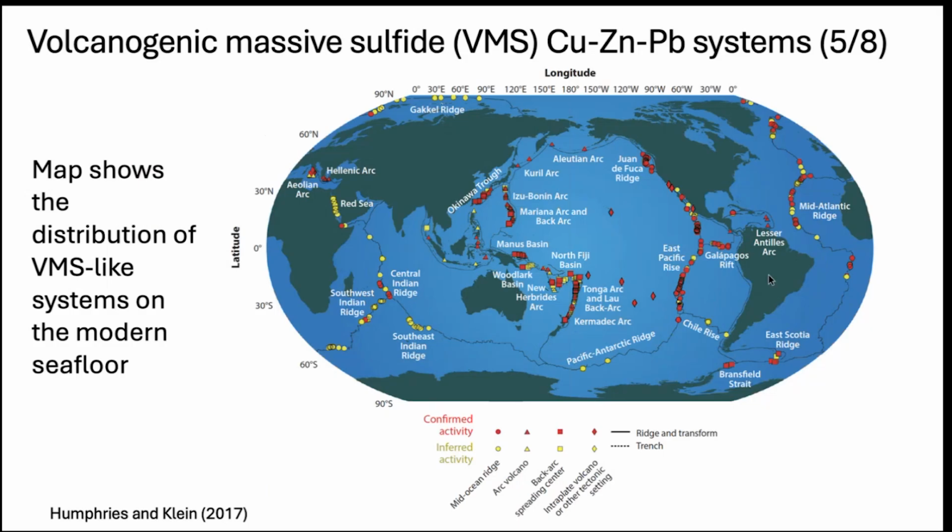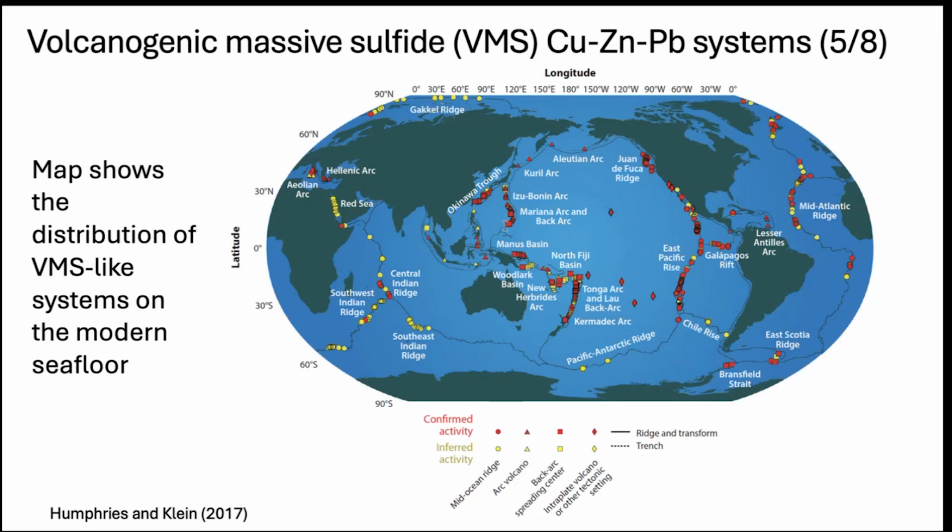Now here, most of the stuff is south of Japan, along the Mariana Izu-Bonin Arc, or the Izu-Bonin Mariana Arc, I should say. So we have hydrothermal systems which reflect the process by which VMS deposits form.